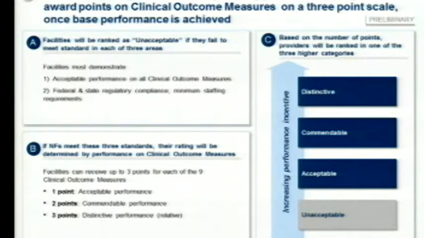What we haven't done, and we would take certainly input on, should there be an enormous or a minute difference in the amount of payment incentive that was actually granted between acceptable, commendable, and distinctive. You get a few pennies per day for acceptable, you get $1 a day for commendable, and it's $100 for distinctive.